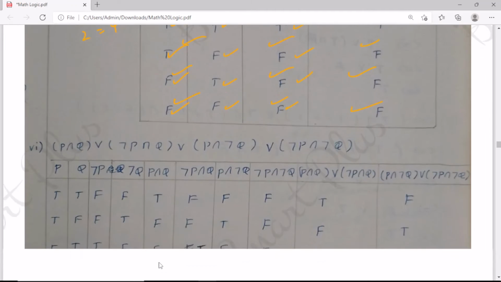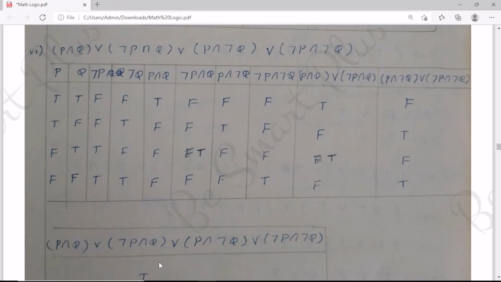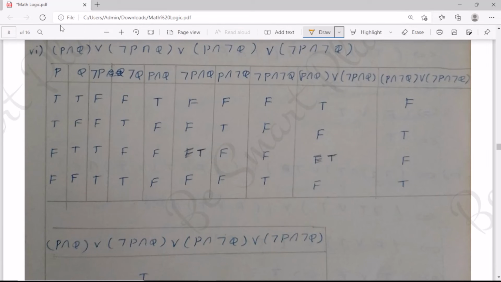The next one is also the lengthiest one. Here you have (P and Q) or (negation P and Q) or (P and negation Q) or (negation P and negation Q). The statement seems lengthy, but we have only two variables, so we have four possibilities. First find negation P and negation Q. So first find P and Q here. Next negation P and Q. Next P and negation Q you have to calculate.